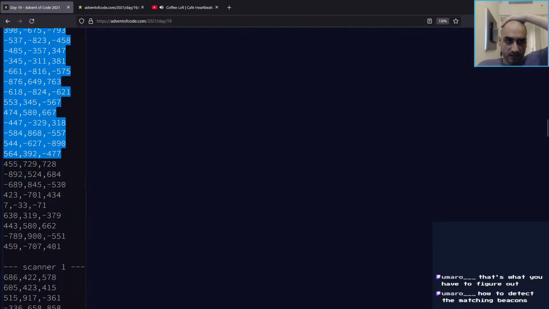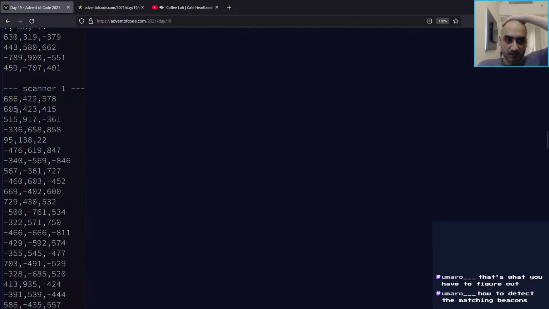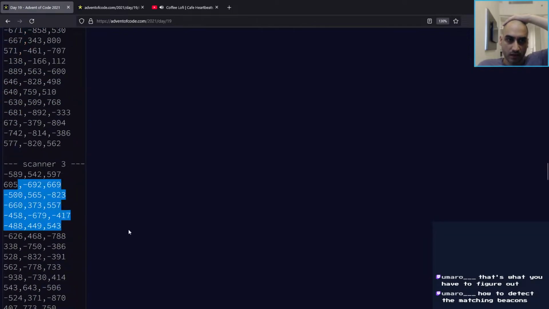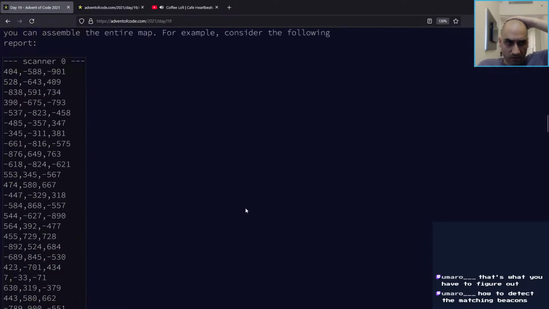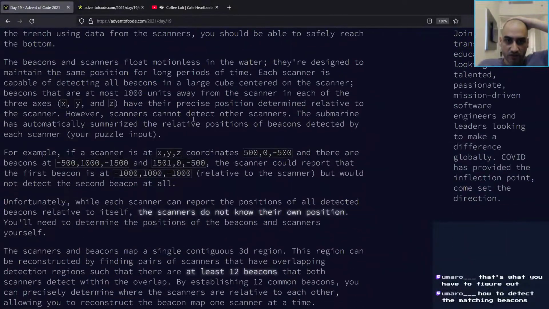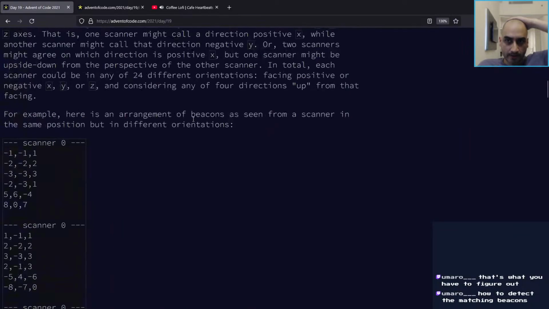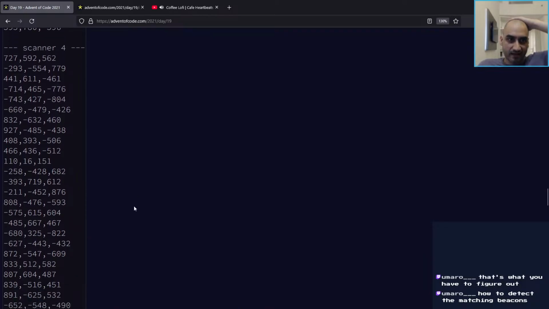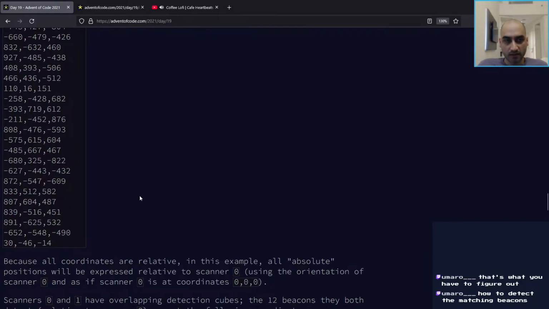So I would think that these could be completely different beacons, none of them coinciding, and it would still meet the description, wouldn't it? Like, they didn't say anything about how many they must have in common or anything. So I would think it's possible to have 0 matching beacons, and that's a valid layout of these coordinates.